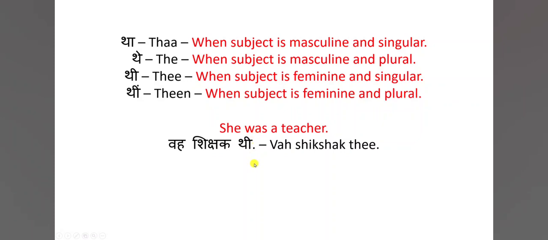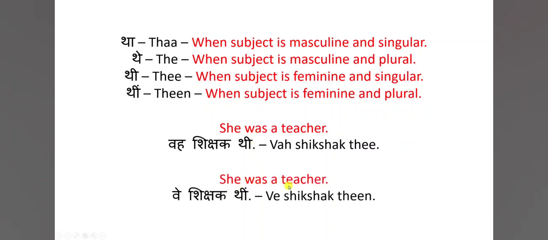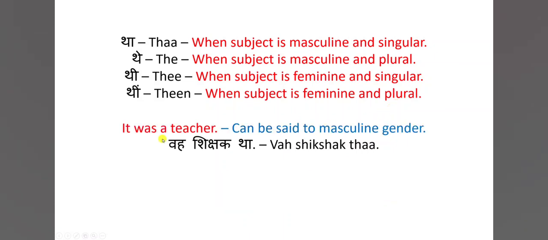If you want to pay respect and say she was a teacher, then वे शिक्षक थीं. थीं is used for was because we want to pay respect, and so the term for plural is selected.